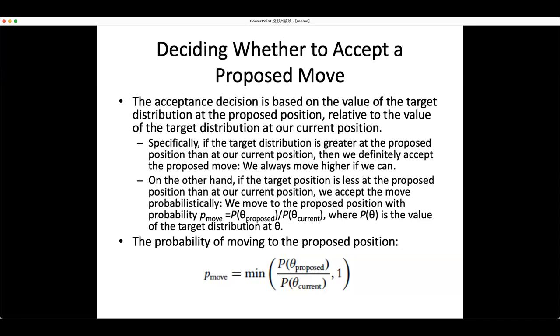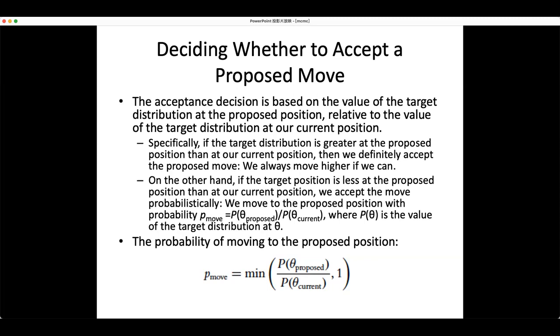But instead of just using an if-else, we just use this one. If you propose to move to the right, the P theta proposed is larger than P theta current.